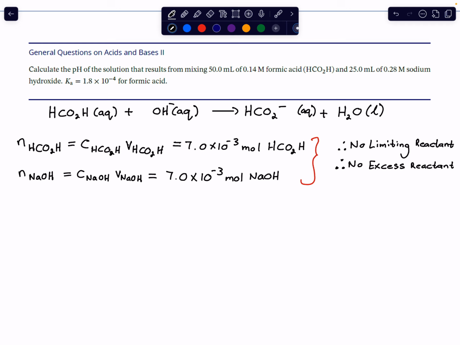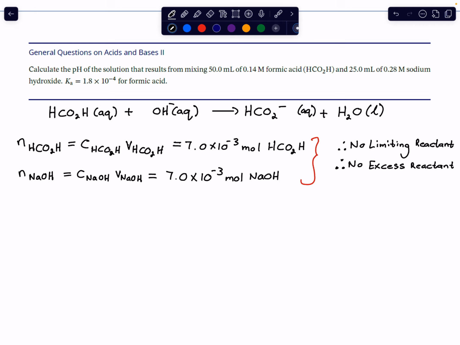Water's pH is 7, so that means for the products, we must only consider the formate anion to be of consequence here. And the formate anion is the conjugate base of formic acid, right?